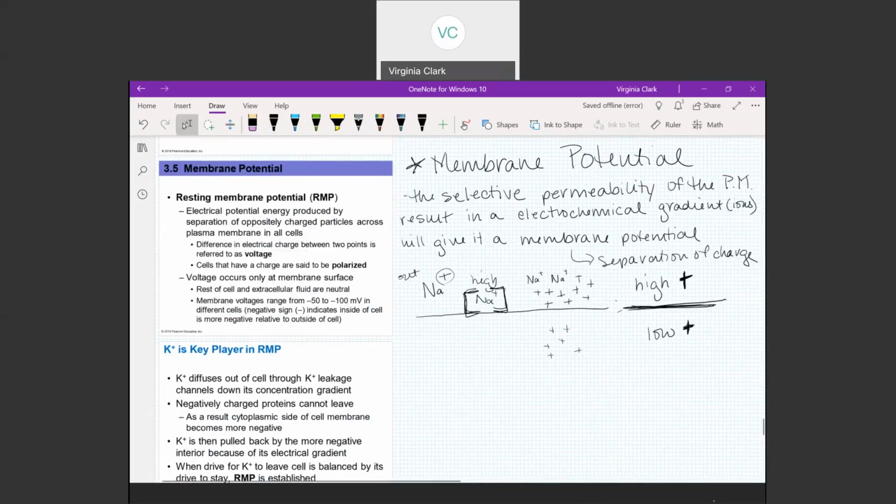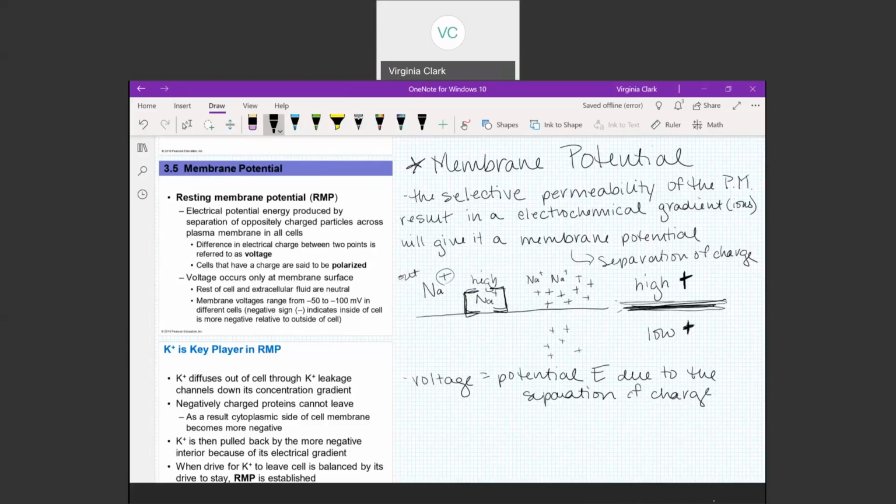When we talk about voltage, the voltage is going to be the potential energy that occurs due to the separation of the charge. So if we have a lot of positive ions on one side and not a lot of positive ions on the other side, we've created this separation of charge. There is the ability for energy to happen because we've separated these things out.